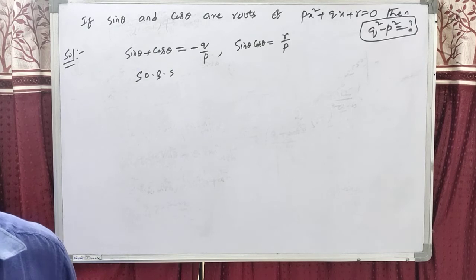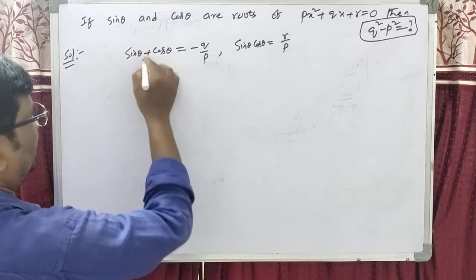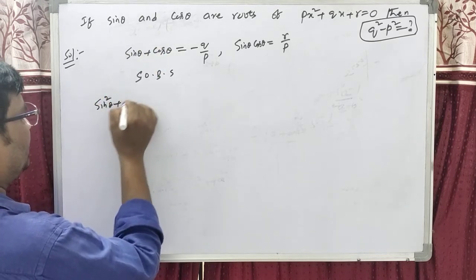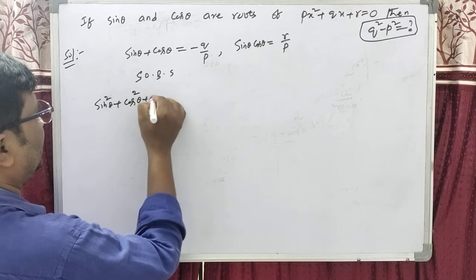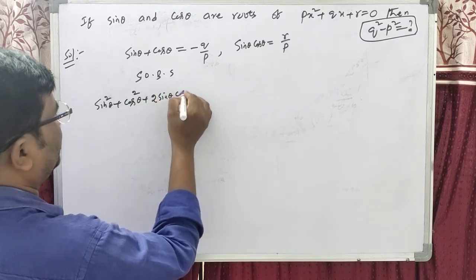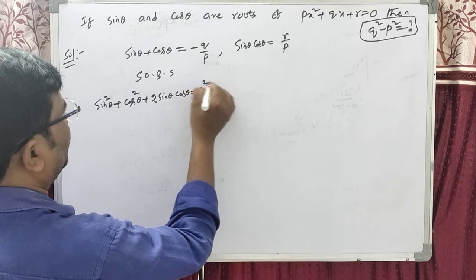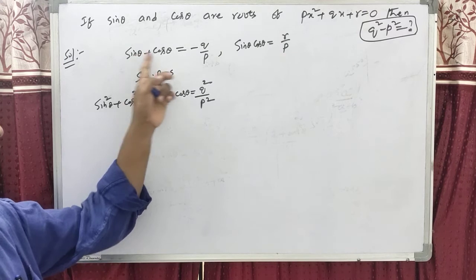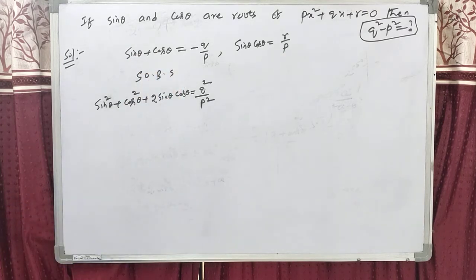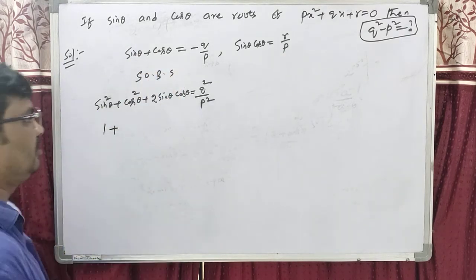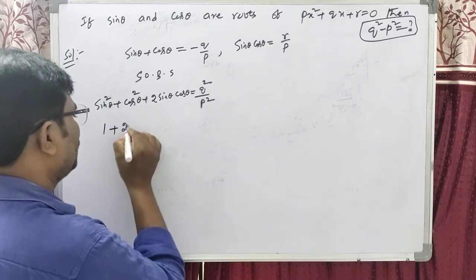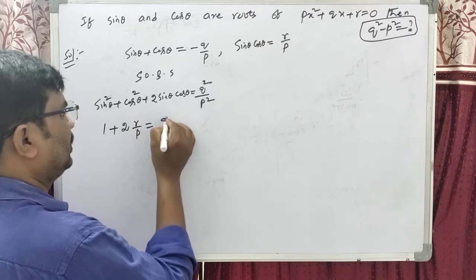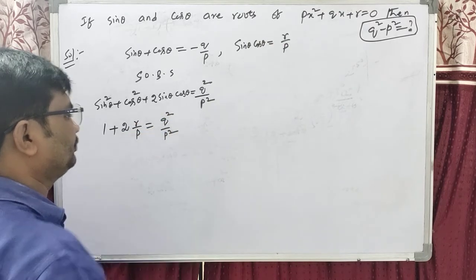Sine square theta plus cos square theta is 1, plus 2 sine theta into cos theta, upon q square by p square. Sine square theta plus cos square theta value is 1. Now 2 into sine theta into cos theta is r by p, and this is q square by p square.